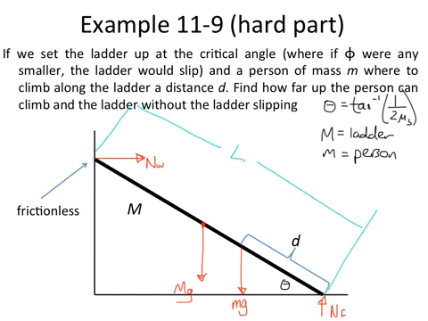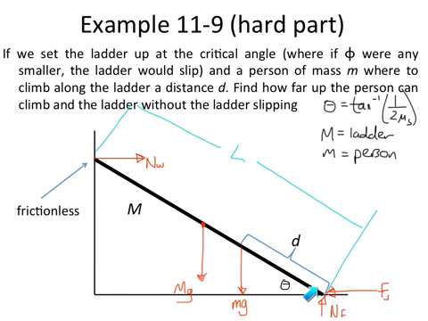We also have the friction force supplied from the floor. F sub S. That should be a lowercase f. Static friction force, which is keeping the ladder from sliding in the first place. All those forces are acting on this ladder to keep it in stasis, to keep it from rotating or from sliding down translationally.